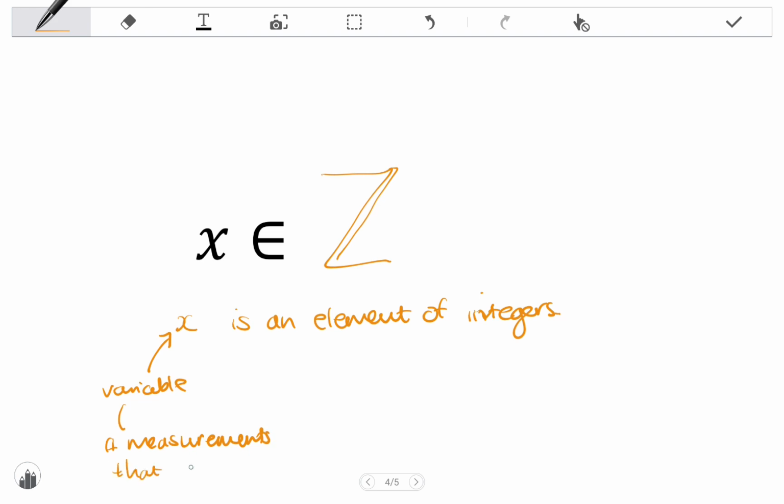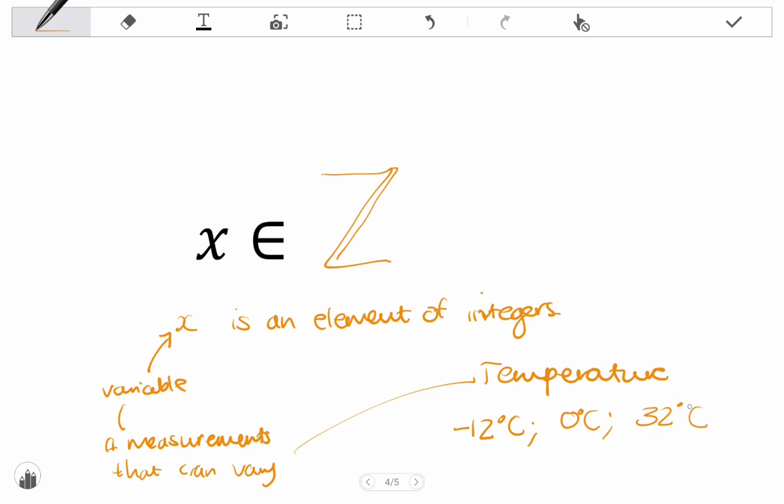Let me just finish writing this. Okay, think of measuring temperature, okay? If we talk about the temperature, it can be very cold at negative 12 degrees Celsius, okay? Water can freeze at 0 degrees Celsius, or we can have a very hot day at 32 degrees Celsius, okay?